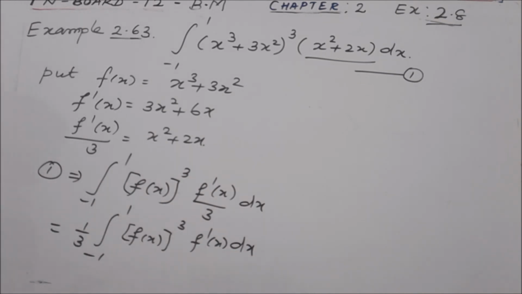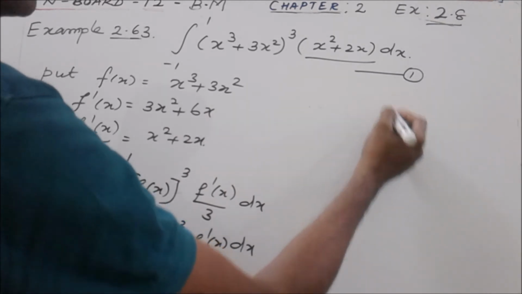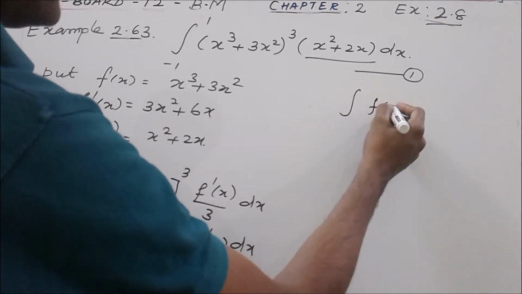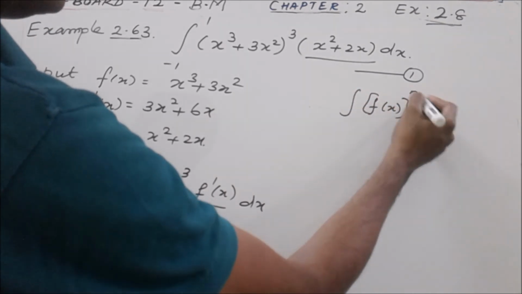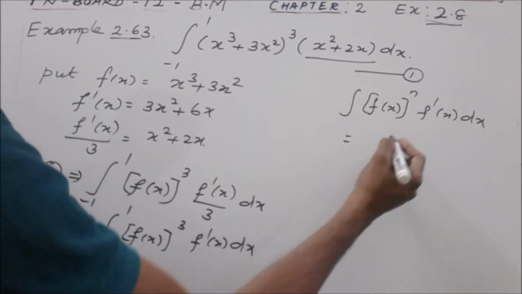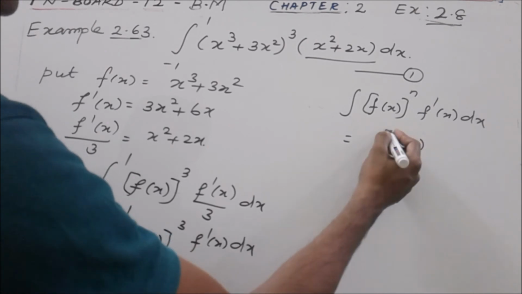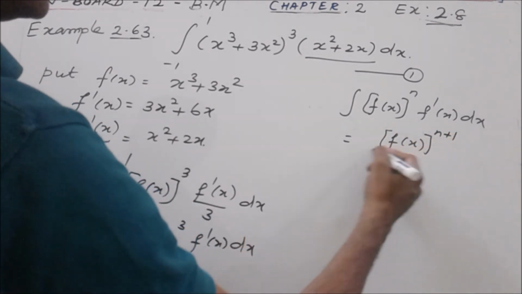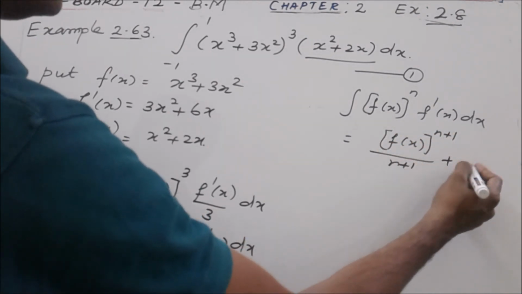We have formula here, integral f of x whole power n into f dash of x dx will be equal to f of x whole power n plus 1 by n plus 1 plus c.